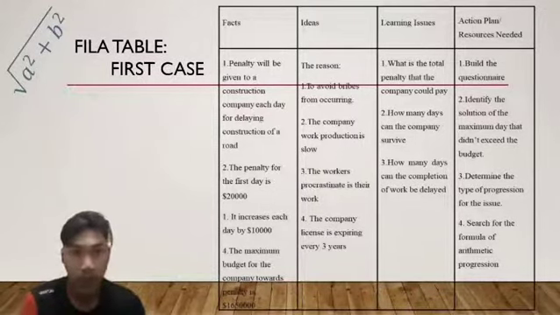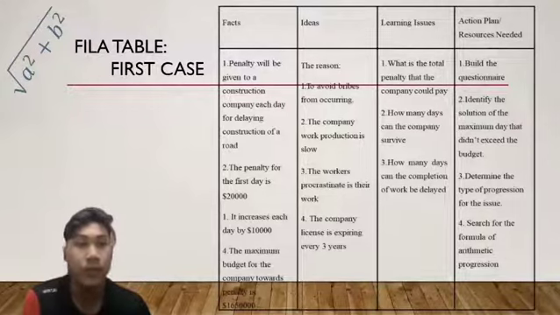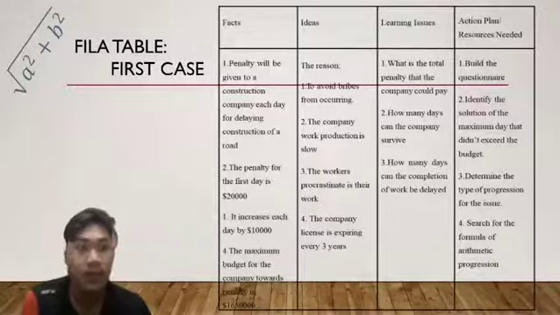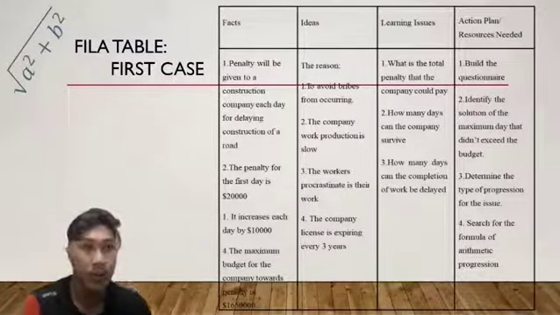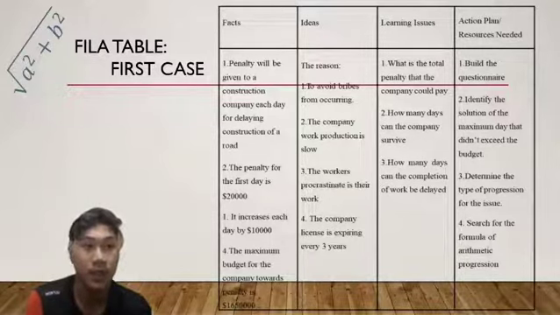Second, the penalty for the first day is 20,000. Ideas: the company work production is low. Any issues: how many days can the company survive? Action plan: identify the solution of the maximum day that didn't exceed the budget.